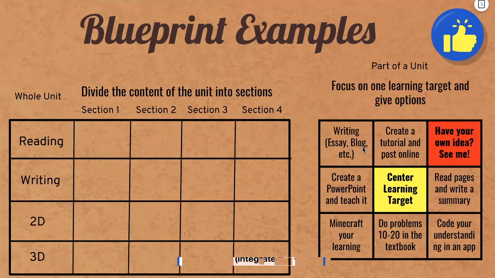And then put some rules on the board and say, okay, you have to make a tic-tac-toe, or choose 3, or choose 2, or choose 1. So that's up to you. But you're just allowing them to choose different ways to showcase their understanding.